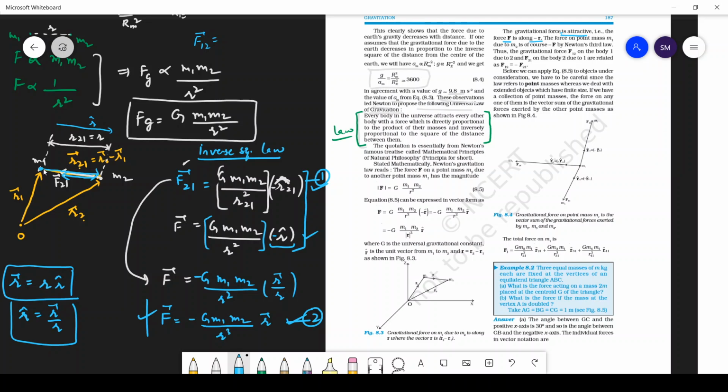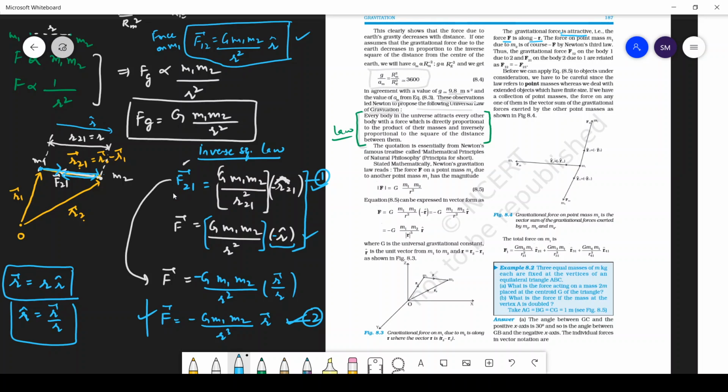The force on m1 is on this side, which is in the direction of r, right? So that is given by G m1 m2 upon r square into the unit vector. So that's the force on m1, and the force on m2.